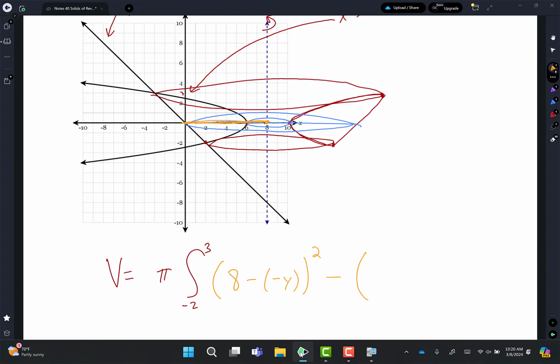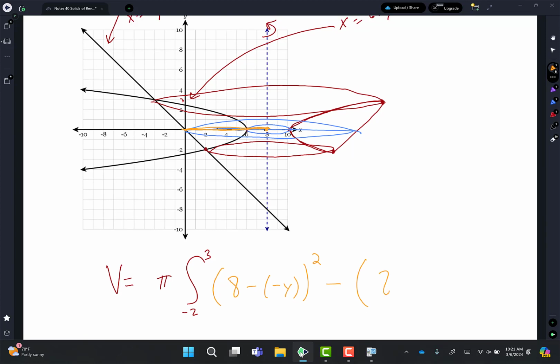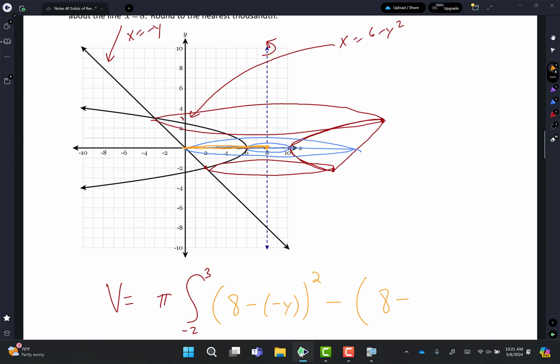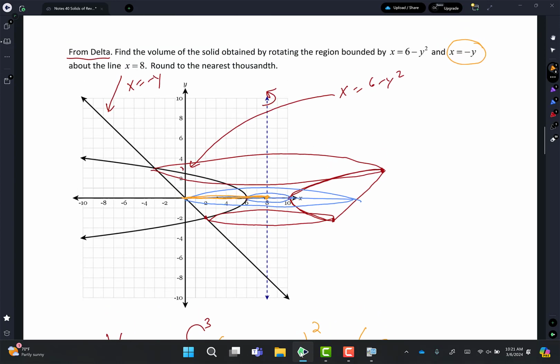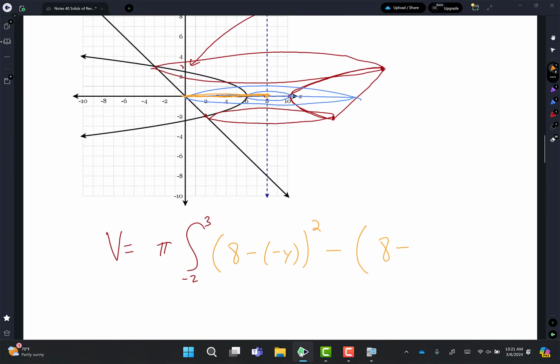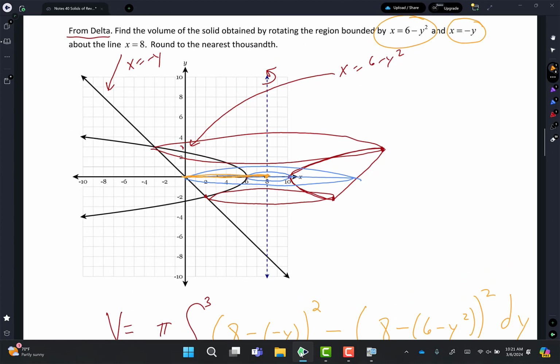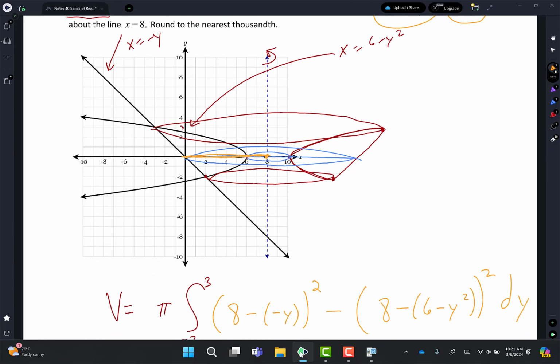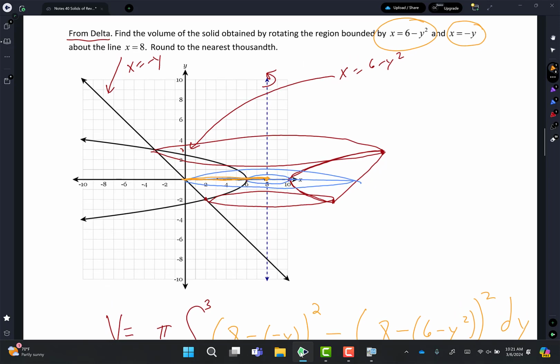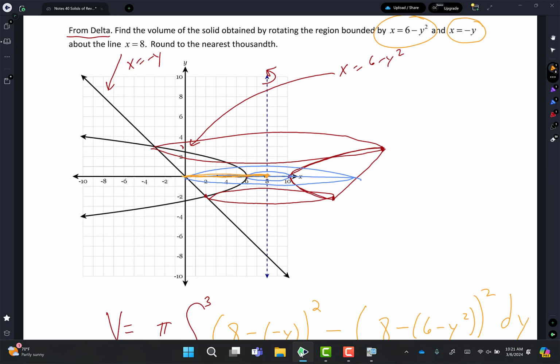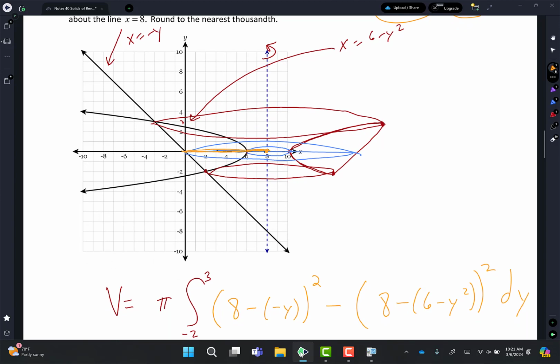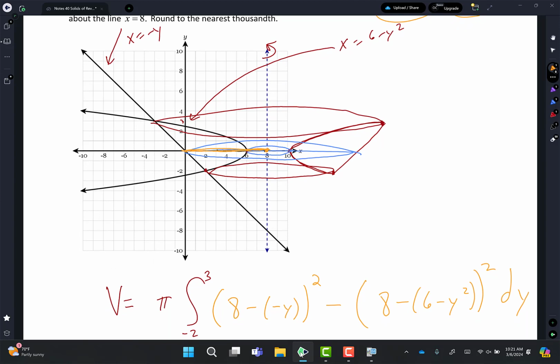It's always 8 minus your curve. 8 minus, what's this quadratic curve? And make sure to end it with a dy. Okay, it works. I was just freaking myself out a little bit with the 8 minus a negative y.